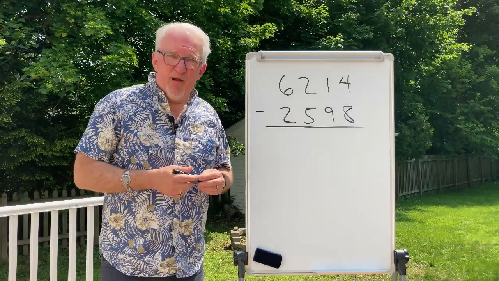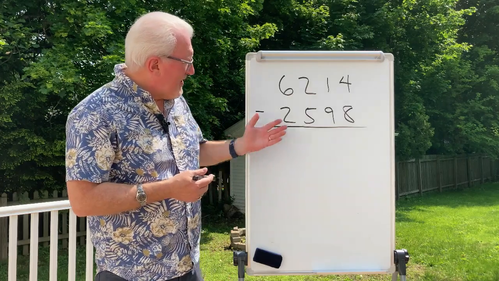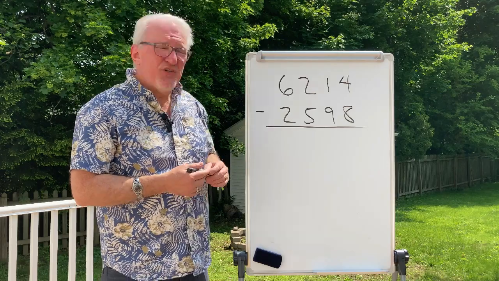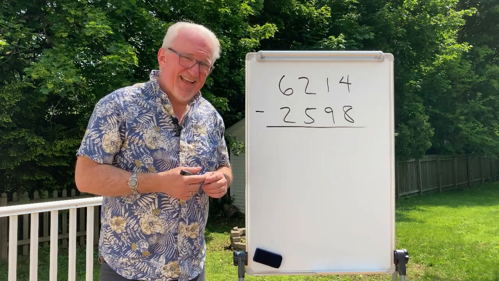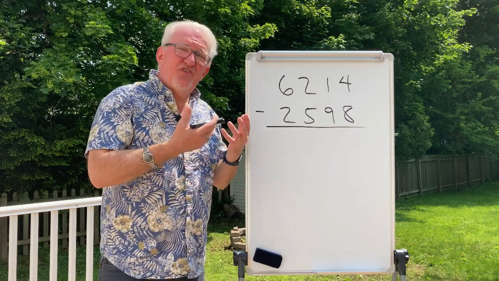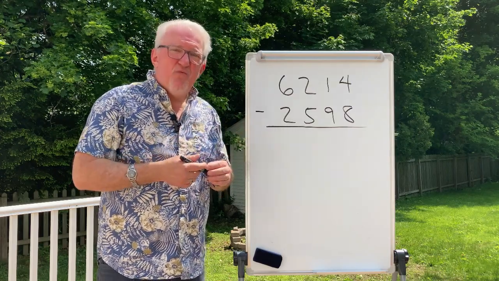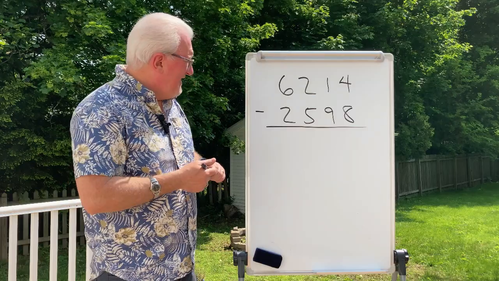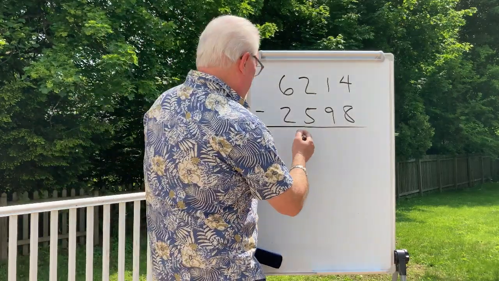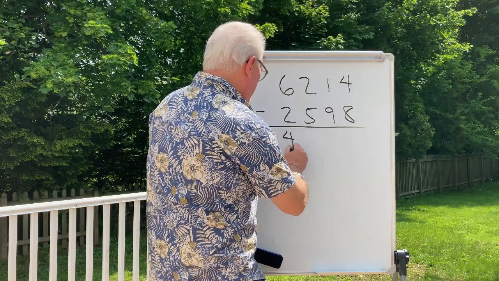A more challenging problem would be to subtract 2,598 from 6,214. Let's see what would happen if we chose to do this in exactly the manner in which we did the previous problem. Well, 6 minus 2 is 4. That's no problem at all.